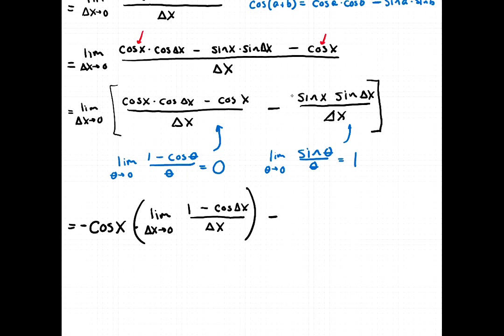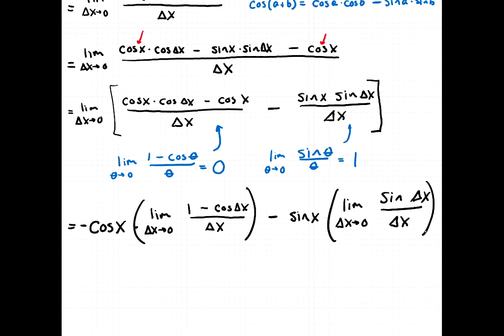And the same thing, we could factor out the sine from the limit. So sine of x, we'll factor out the sine x from the limit. So sine of x times the limit as delta x goes to 0 of sine of delta x over delta x.